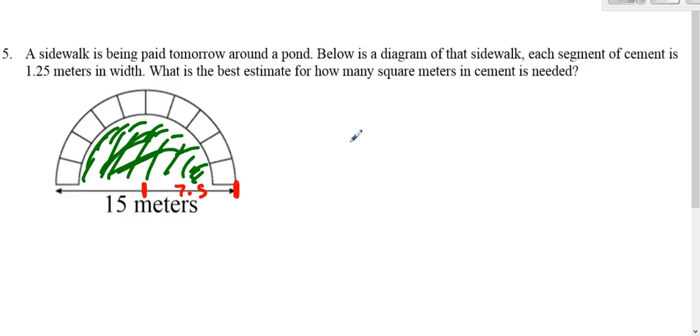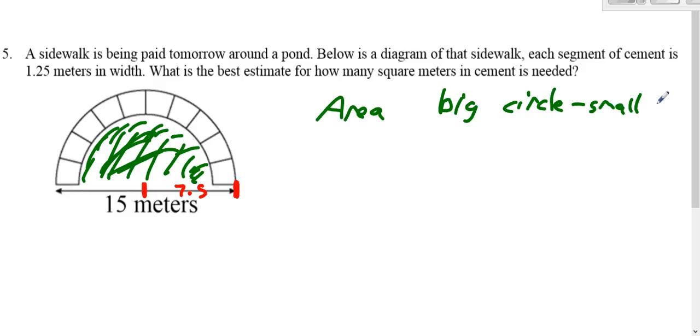So we're going to do the area of the big circle minus the small circle. So for the big circle, we have a radius of 7.5. So the big circle has an area of pi r squared, 7.5 squared.